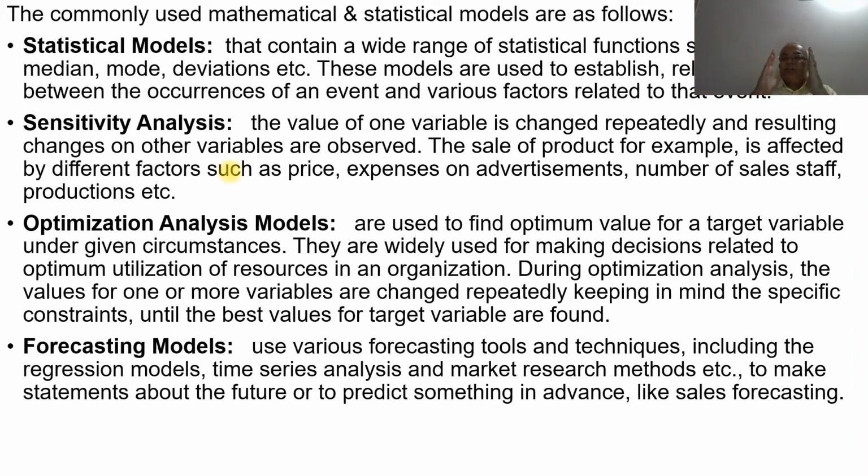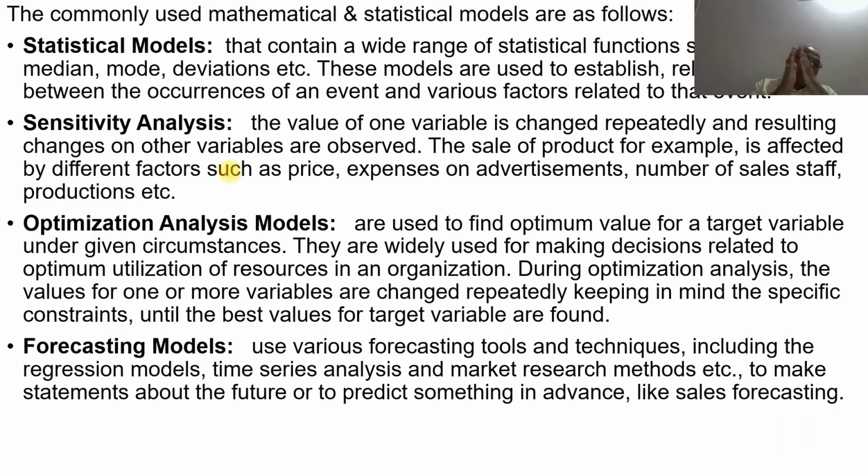During optimization analysis, the values of one or more variables are changed repeatedly, keeping in mind the specific constraints, until the best results or the best values for target variables are found. In sensitivity analysis we changed only one variable. Here in optimization analysis, one or more variables are changed repeatedly, keeping in mind the specific constraints.